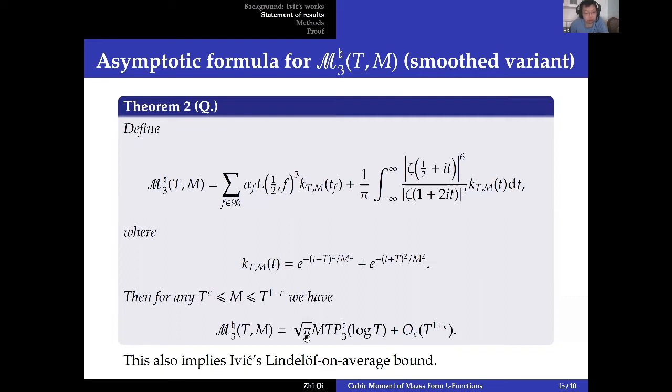Then you have this asymptotic, and you have this M T times a cubic polynomial of log T, and the error bound is still T to the 1 plus epsilon. And also this implies Ivic's Lindelof-on-average bound.